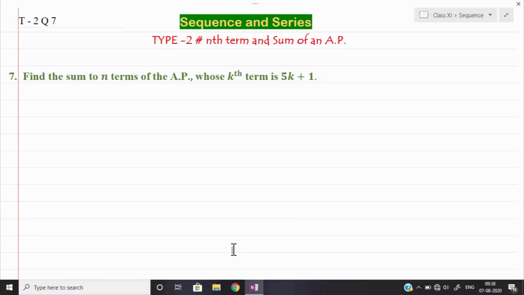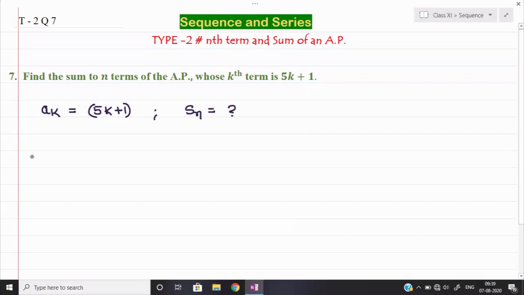Here see what we have been given: the kth term is given, means we have been given that the value of ak is equal to 5k plus 1, and what we require here is the sum to n terms. The sum of n terms is required, that I am putting as a question mark.